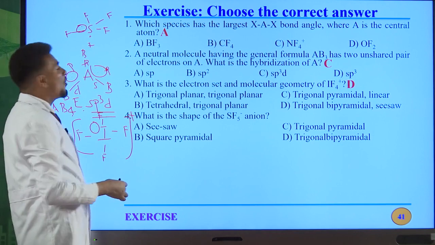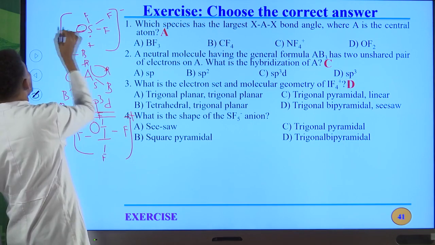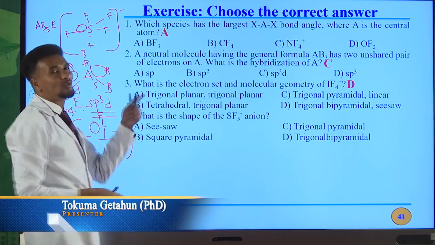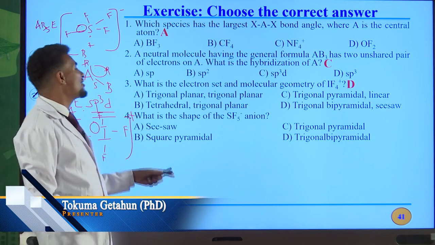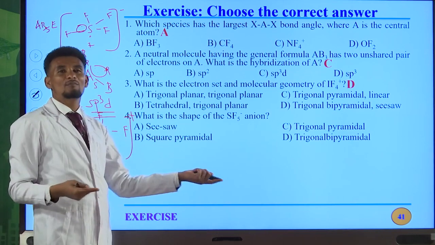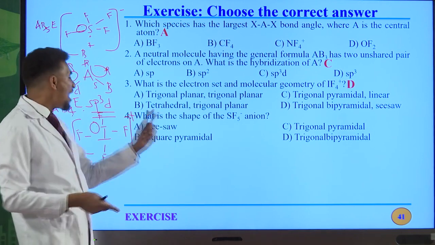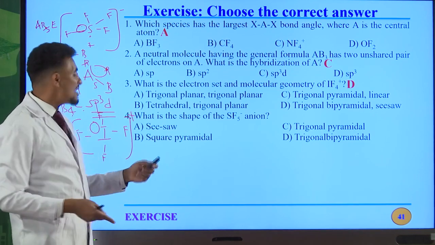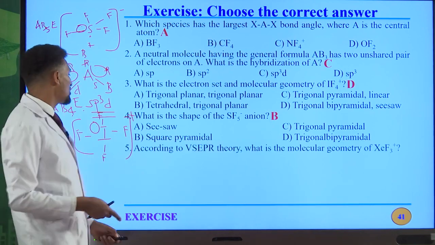We have only 1 lone pair of electrons for this polyatomic ion. So this is an AB5E type. The total electron pairs are 6. Therefore, the electronic geometry is octahedral. But this question asks, what is the molecular shape or molecular geometry of this polyatomic ion? Its shape is square pyramidal because it is an AB5E type. So B is the correct answer for this question.